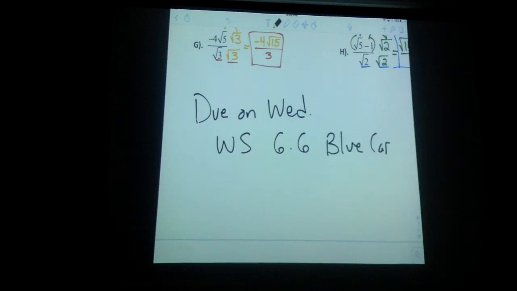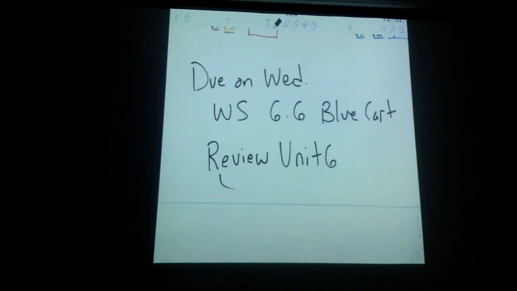When you pick that up, also pick up your review for Unit 6. The Unit 6 review will be due on the day of the test, and I will take that as late as Friday. Keep in mind, for the first time ever, that will be worth 10 points that will go in the gradebook as actual points. So you will get points for those.